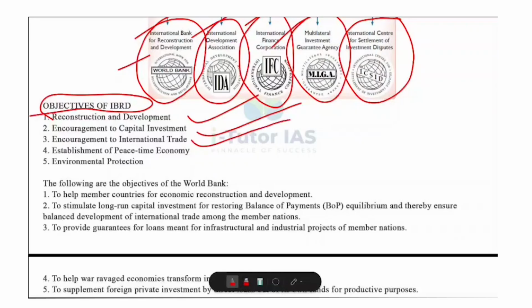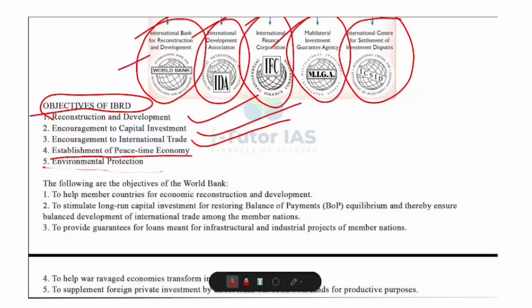Third objective, encouragement to international trade. Trade is essential for growth and IBRD supports projects that boost exports and imports, improving a country's balance of payment and international trade capacity. And the fourth one, establishment of peacetime economy. After wars, economies are disrupted and IBRD helps transition from wartime to peacetime economy by funding essential infrastructure and development projects.